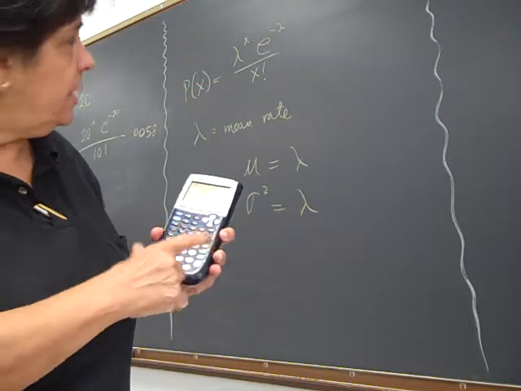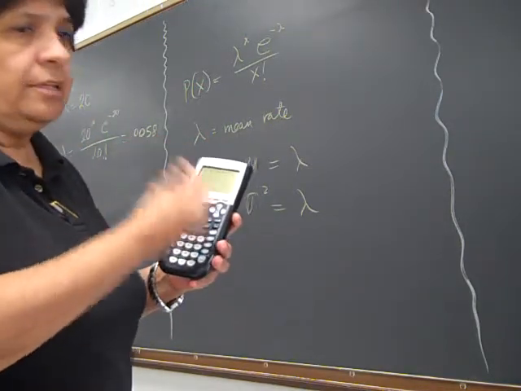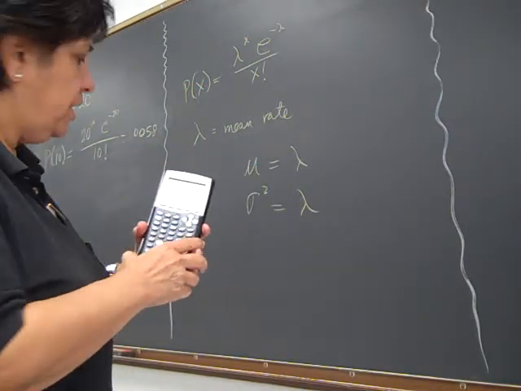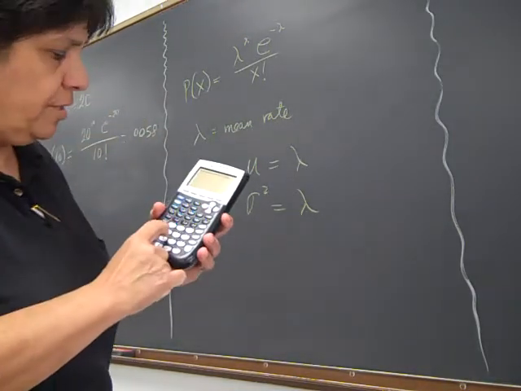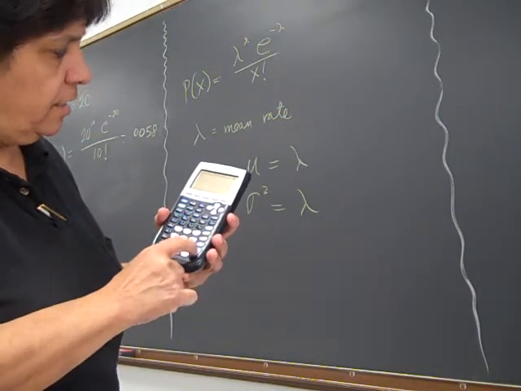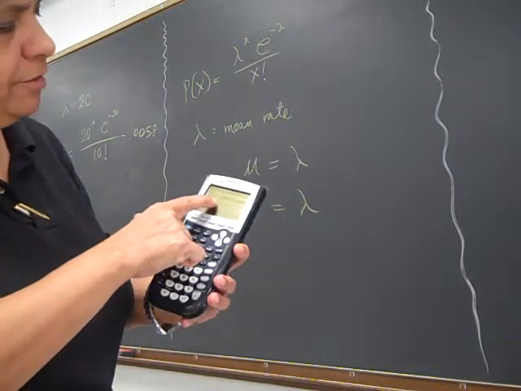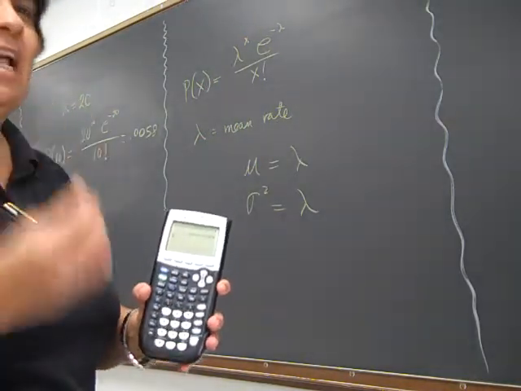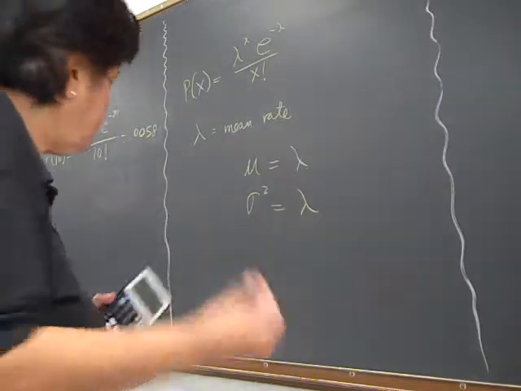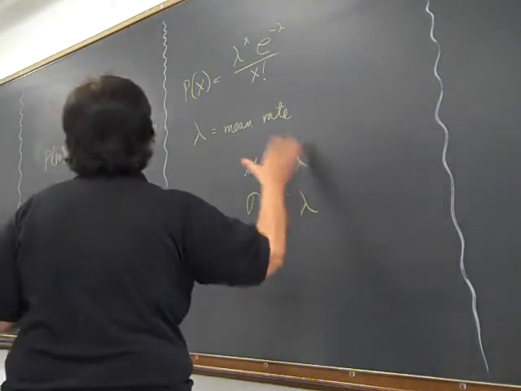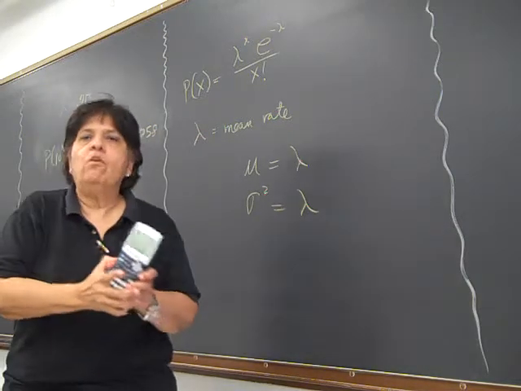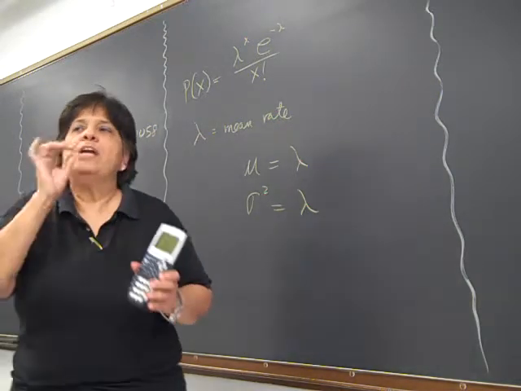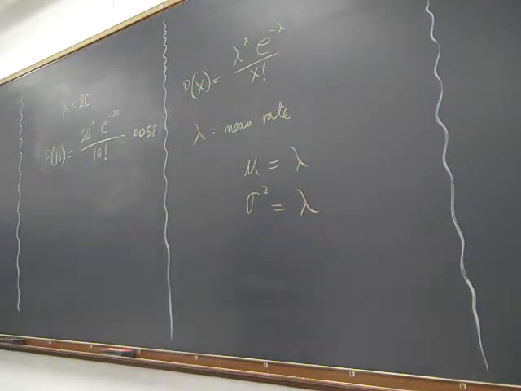Hit enter, and the calculator is going to ask you for the lambda, that is 20, comma, and then the number that you want to use, 10. Equal, and it is 0.0058. It's exactly the same result. So either you use the formula, or the table, or the TI-84, it should give you exactly the same result.